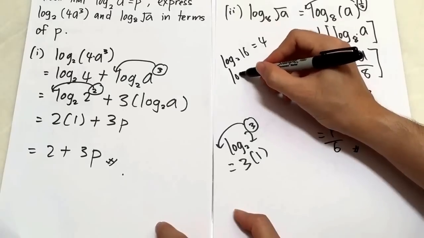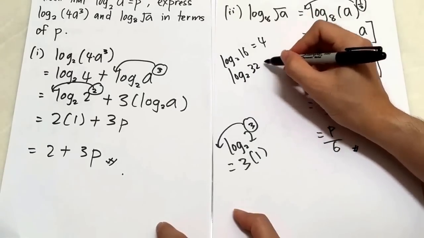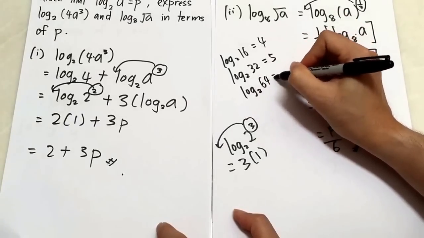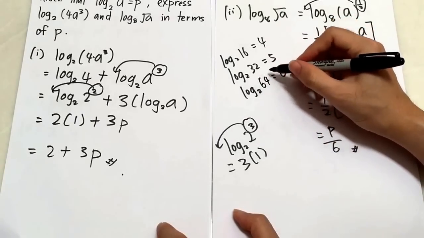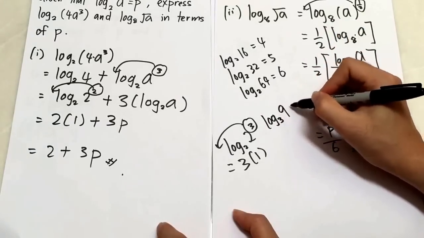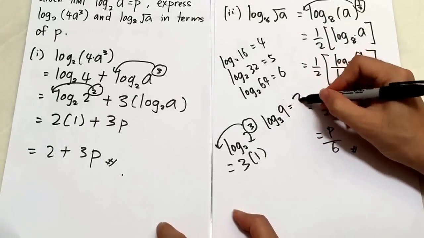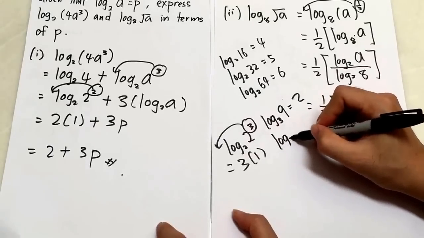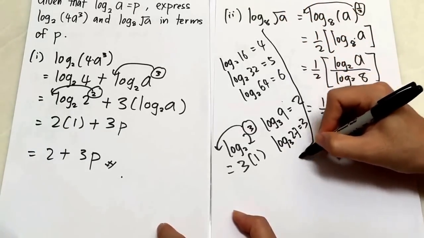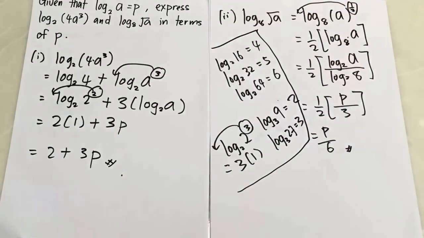If you have log 2 32, this equals 5. You have log 2 64, this one equals 6, because this is 2 power of 6. So next time, when you see something like log 3 9, you know this is 3 squared, equals 2. If you get something like log 3 27, this one equals 3.